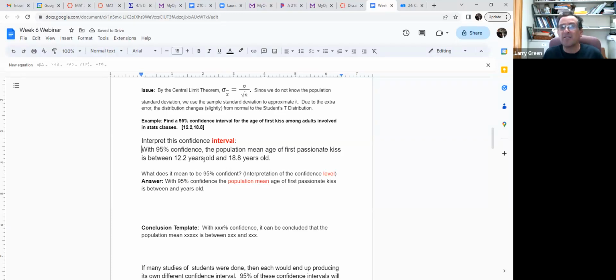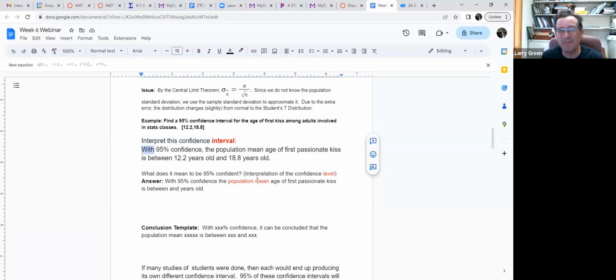Any questions on this interpretation? So just to help you out, whenever you're asked to interpret this confidence interval, so for example, you're going to have to do that for the discussion post assignment. You're also going to have to do it for your exam that you take at the end of this week. Start with this word right here, with. It'll get you going.